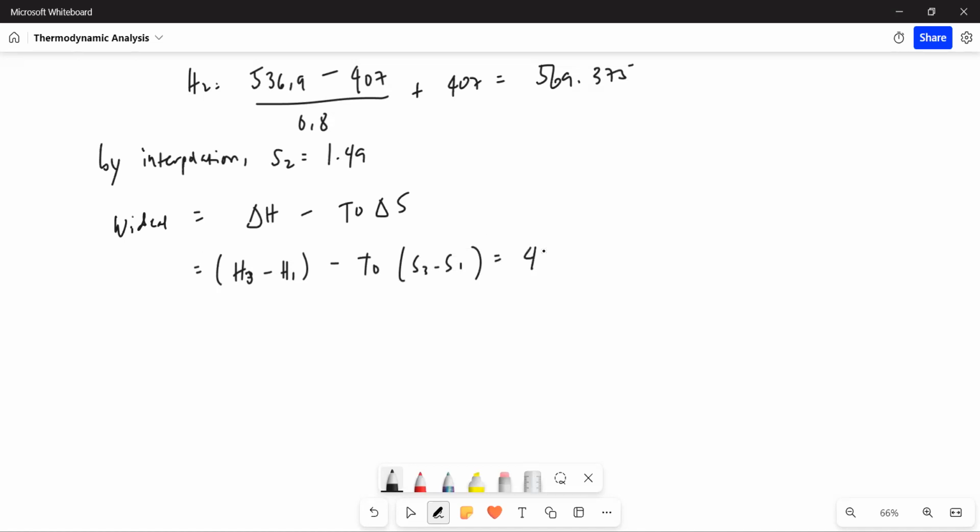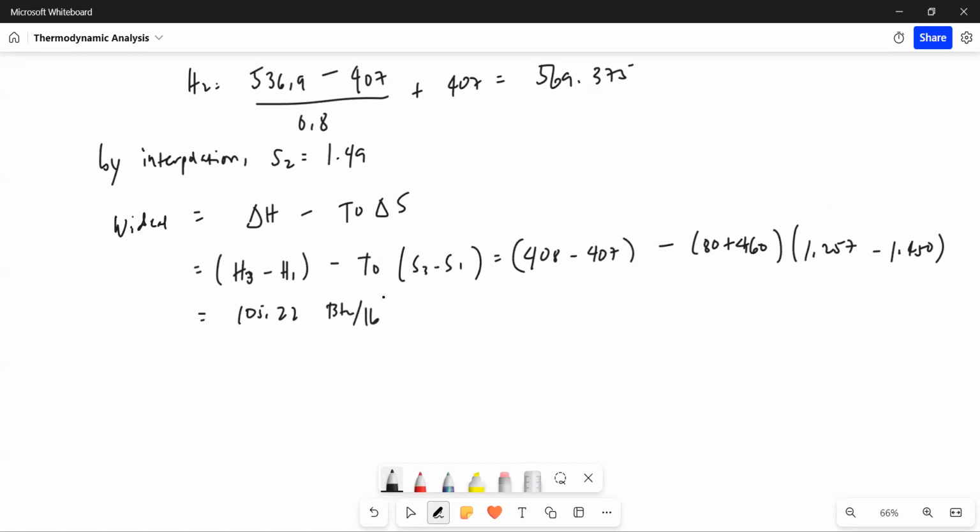Substituting the values from our table, that's 408 minus 407 minus T naught, 80 plus 460, convert to Rankine, do not forget, times S3 minus S1, and you will get 105.22 BTU per pound. That's the work ideal.